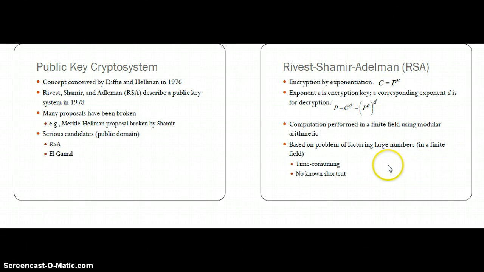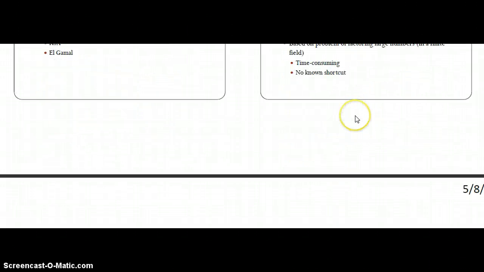N is very hard to factorize. For an attacker from outside, factorizing needs time and there is no known shortcut. It is too hard for the attacker to analyze the algorithm and the key.